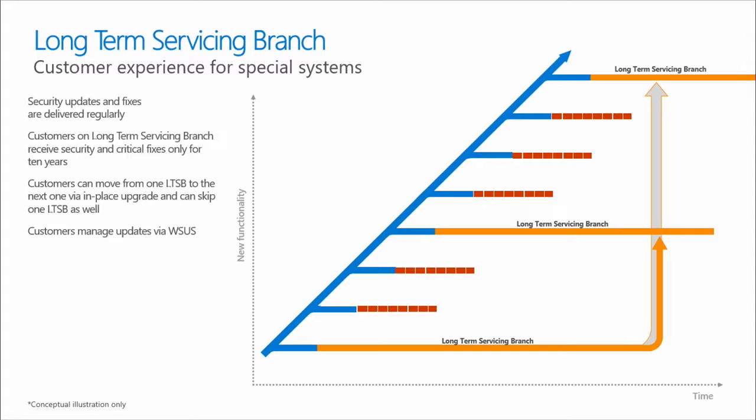So periodically we create a separate long-term servicing release of Windows, which we've said we'll do probably every 18 to 36 months. So every so often, certainly not as frequently as we'll be releasing new functionality to current branch, but these would be separate images that would be deployed out to machines.